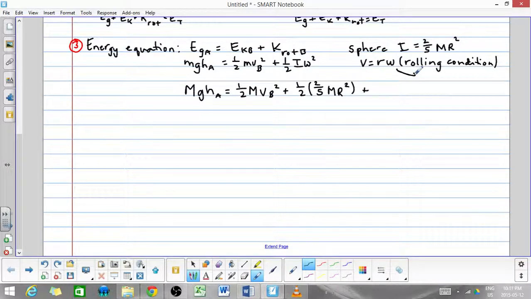Our rolling condition leads us to omega b, I should have written a b there, is equal to the v at point B divided by the radius of the sphere, which is big R in this problem.